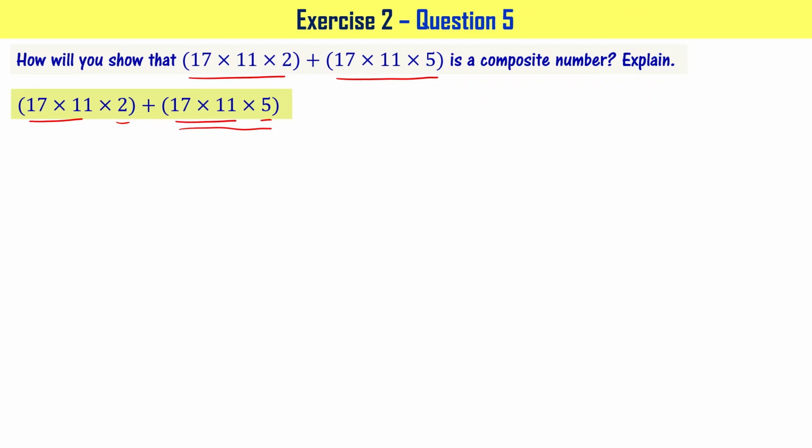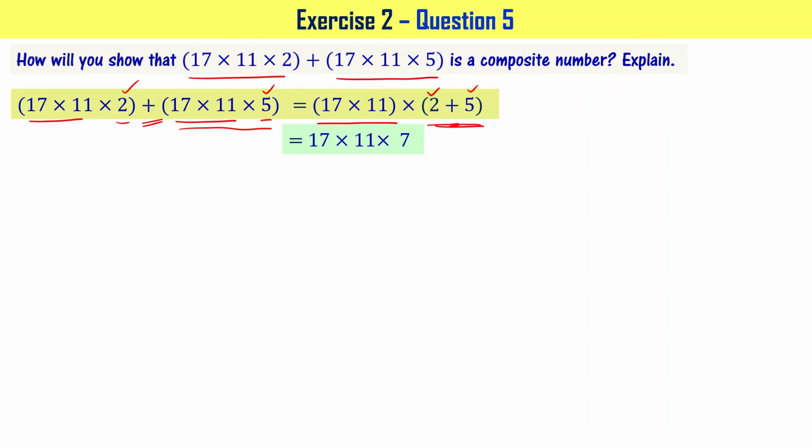Now let me take 17 times 11 as the common factor out. When I take that out, what I have is number 2 from the first number and number 5 from the second number, right? And the summation symbol is here, right? 17 times 11 times (2 plus 5). This 2 plus 5 becomes now 7. You see, we have written it as 17 times 11 times 7, right?